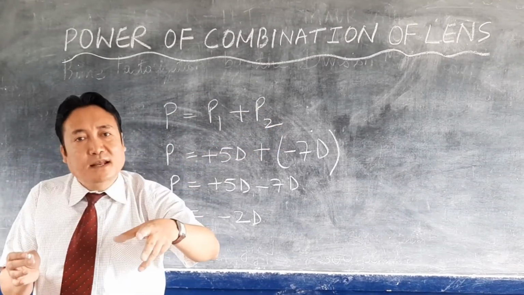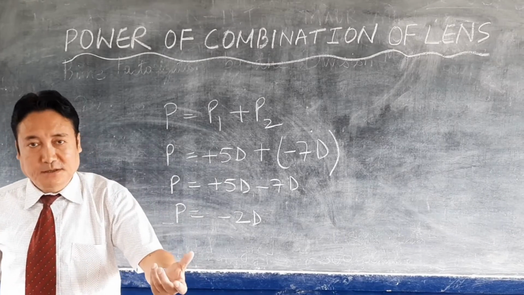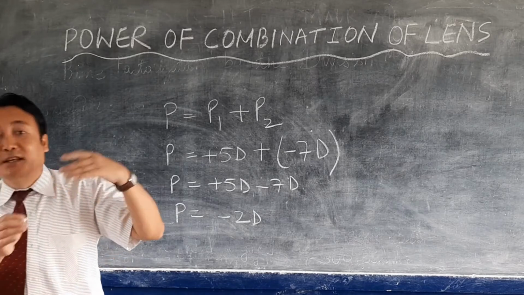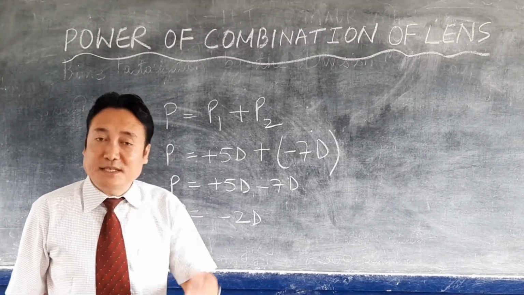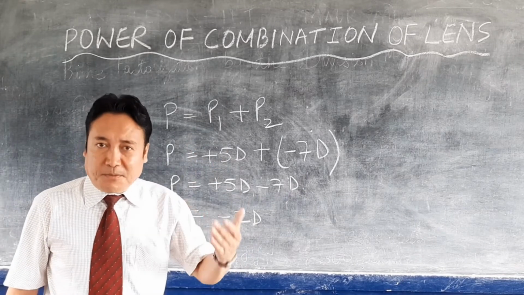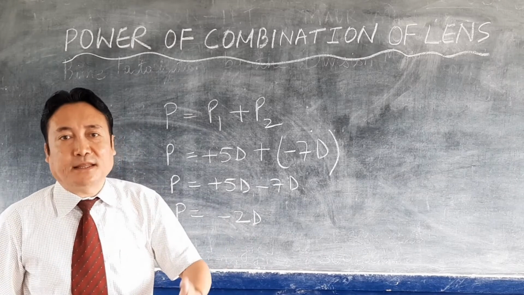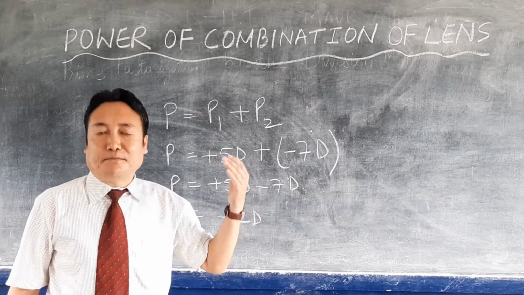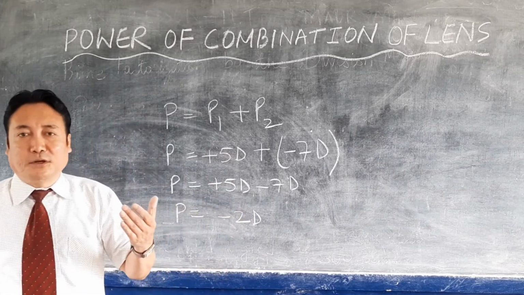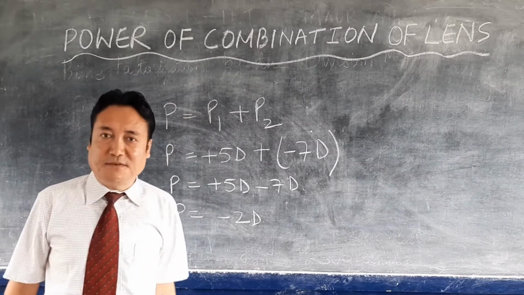Number of lenses are combined together to produce a very sharp image. When the lenses are combined together, that will increase the sharpness of the image, so in order to increase the sharpness, lenses are combined in optical instruments like the microscope, telescope, and also the camera.